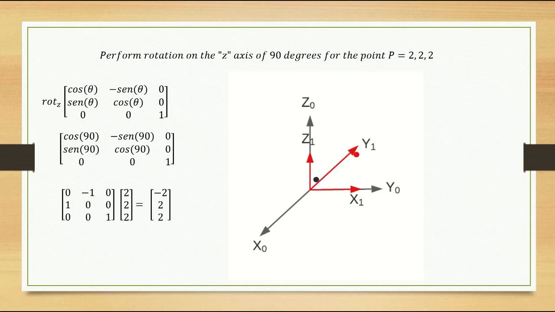For the point 1, we use these coordinates: minus 2 in x, 2 in y, and 2 in z.